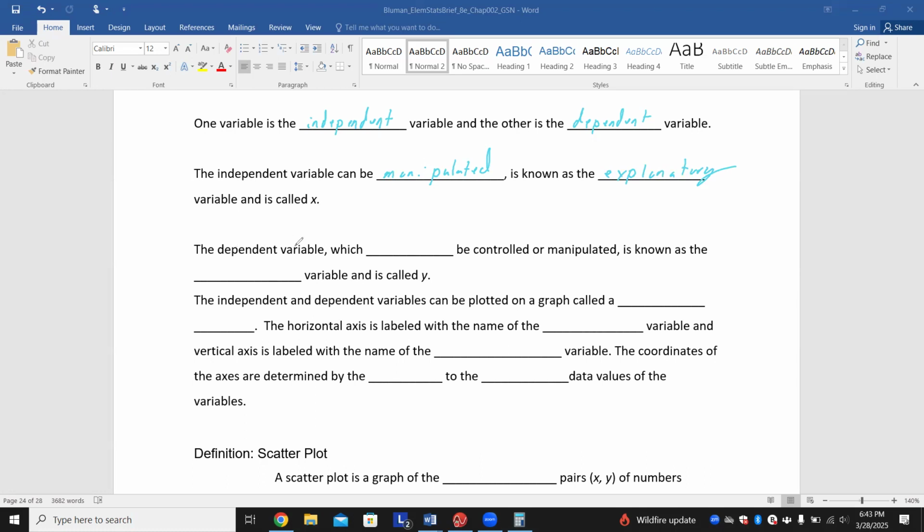The dependent variable, which cannot be controlled or manipulated, is known as the response variable and is called y. The independent and dependent variables can be plotted on a graph called a scatter plot.